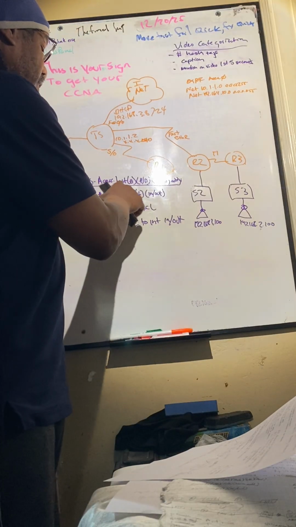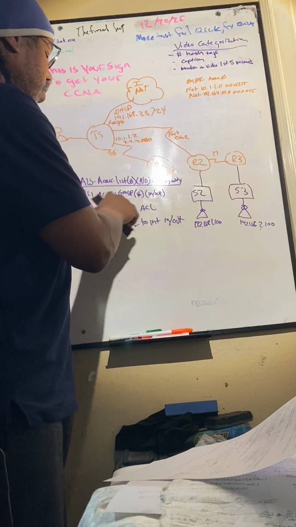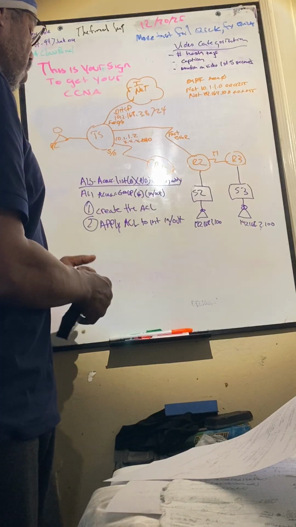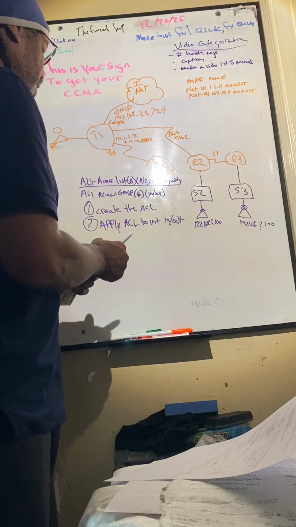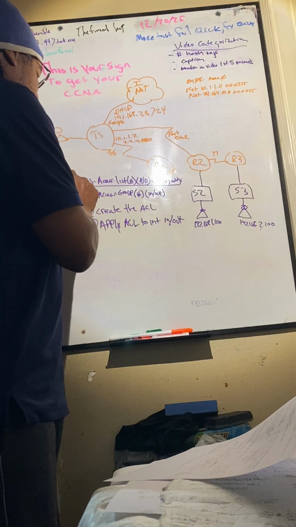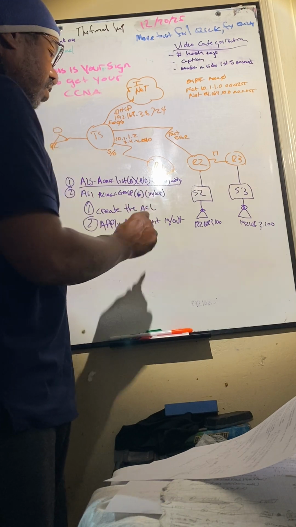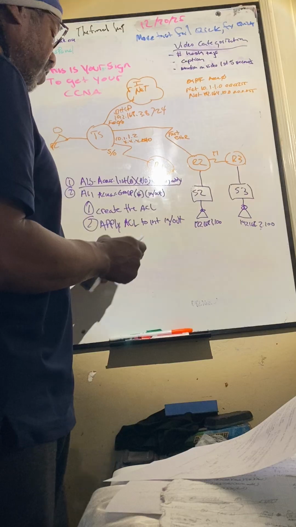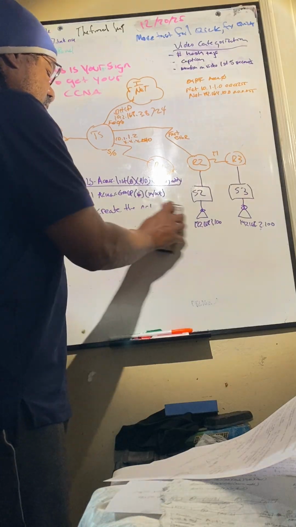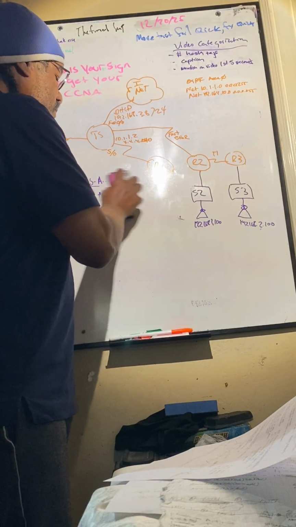So this is the command structure we're going to use: to create the access list, and then to apply the access list to an interface, in or outbound.